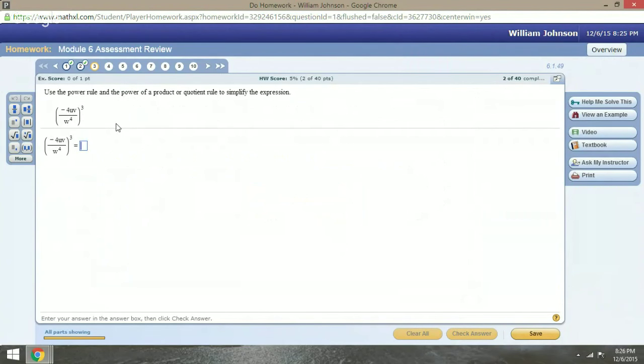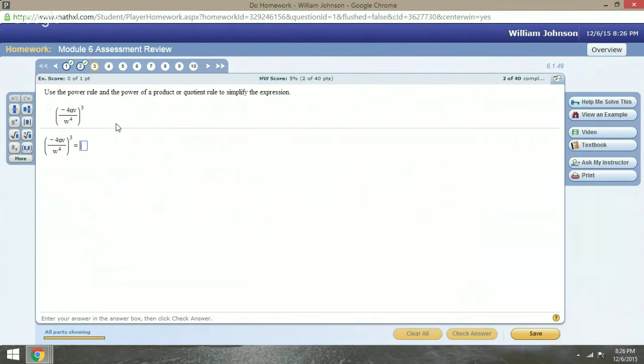And here we are looking at, let me write this out, minus 4 u v to the power 3 over w to the 4. So what we're looking at is literally cubing everything inside the bracket.